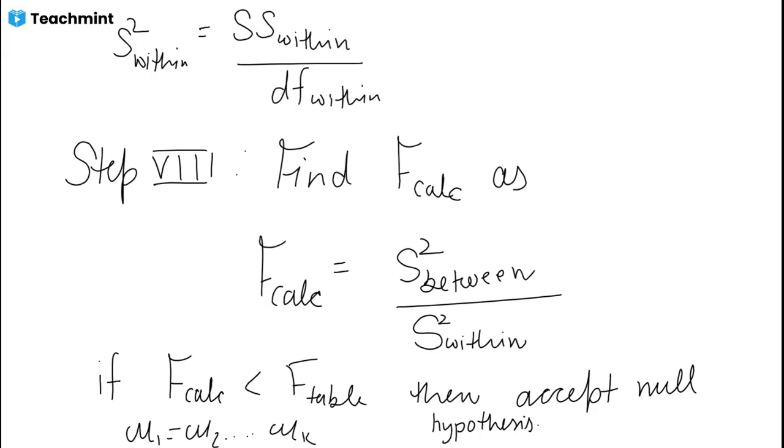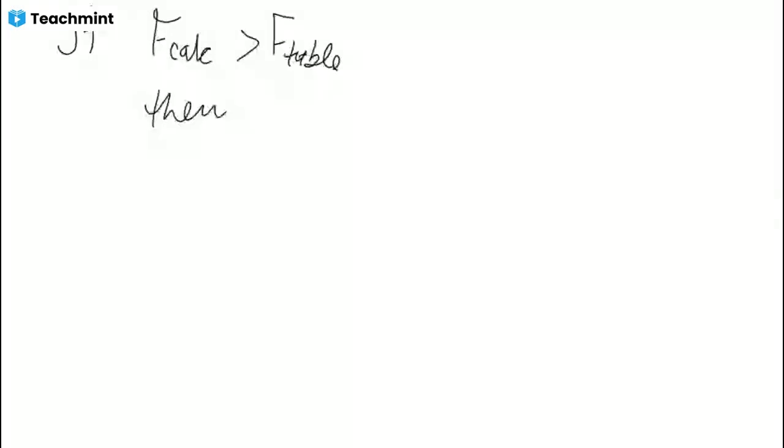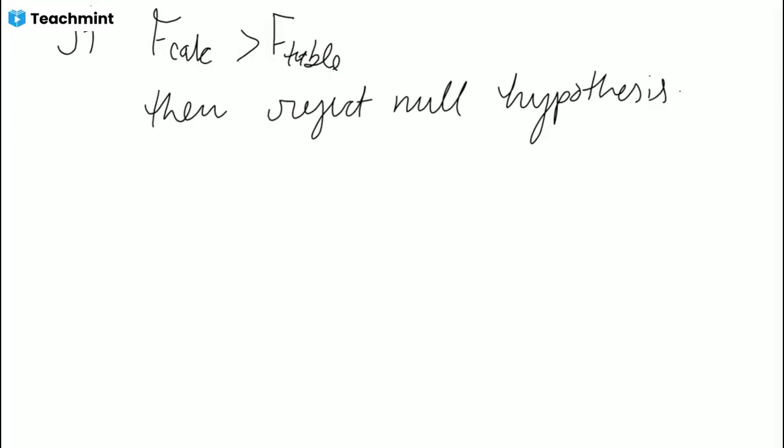If F calculated is greater than F tabulated, then we reject the null hypothesis. So these are the steps.